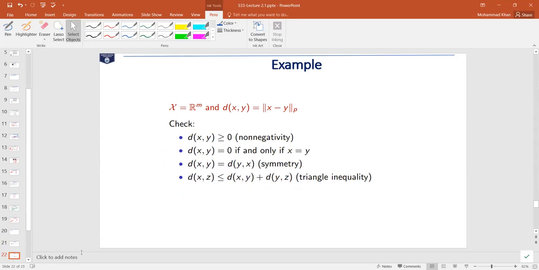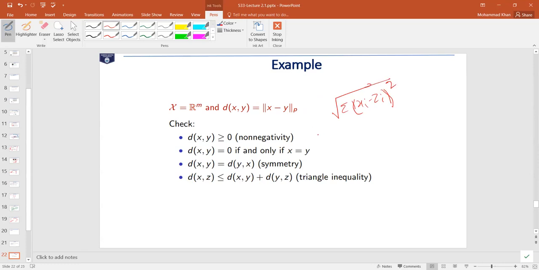For example, the Lp norm follows all these rules. We can give an example using Euclidean distance, or p equals 2. So the distance is the square root of the sum of (xi minus zi) squared.